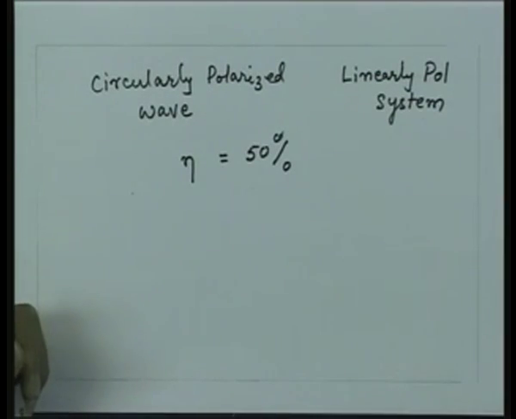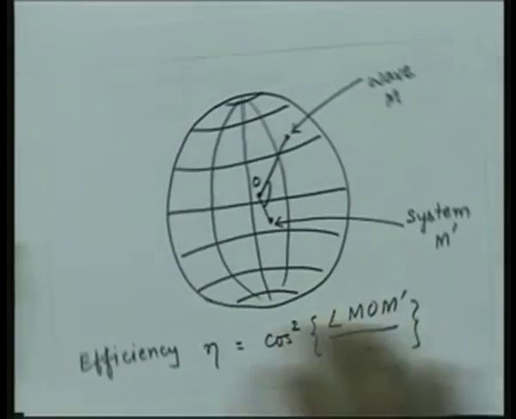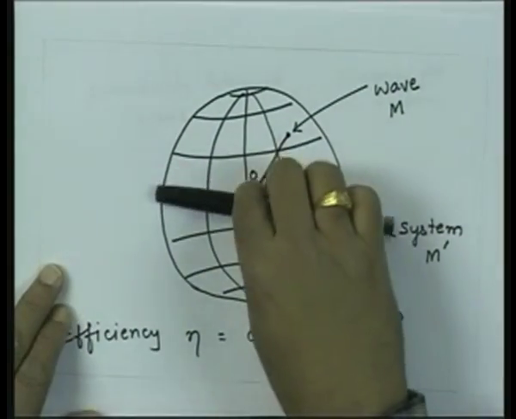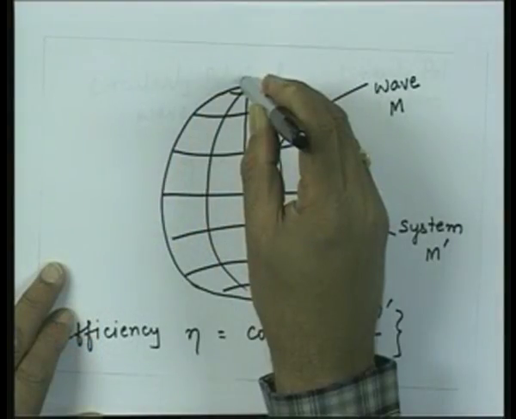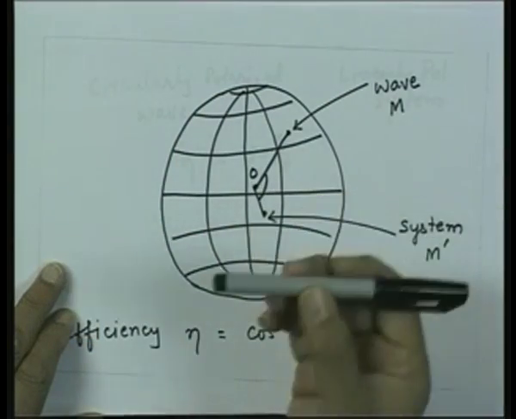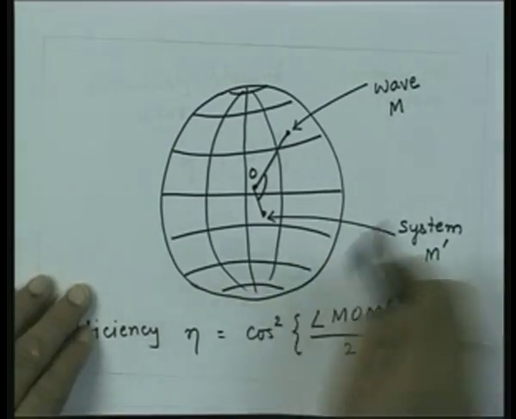Even if the orientation of this line changes, that means the linear polarization state changes, as long as this wave is circularly polarized and this is linearly polarized, need not be horizontal or vertical, the efficiency will always remain 50%.